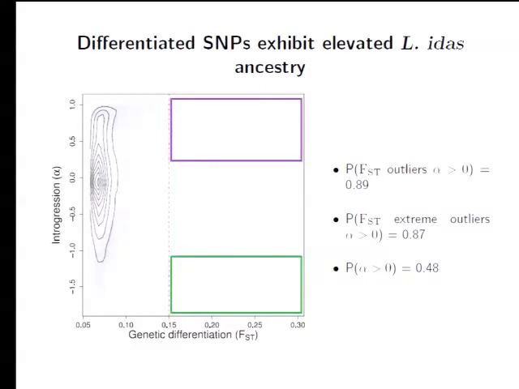And that holds if you go even to more extreme outliers. And this is not just a product of overall genome composition. If you look across all markers, roughly half have alpha greater than 0 and half have alpha less than 0. This is specifically for those highly differentiated regions of the genome, which is really hard to explain by any other means than selection partially driving that, or being a major determinant of that, and it being somehow tied to things that are similar between idas and hybrid habitat or host plant.